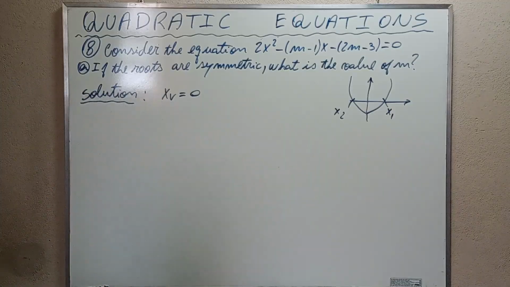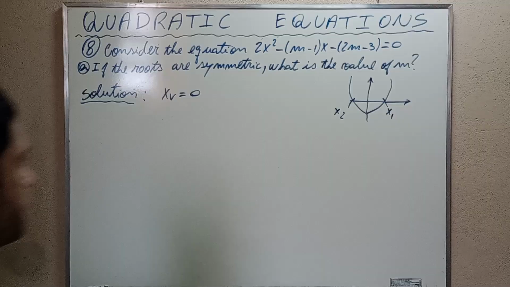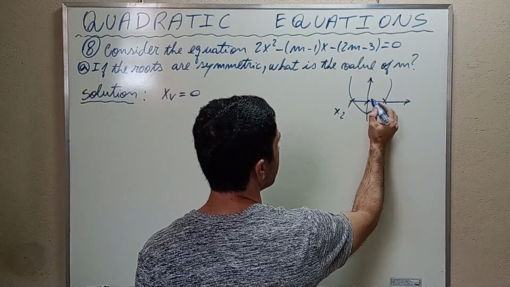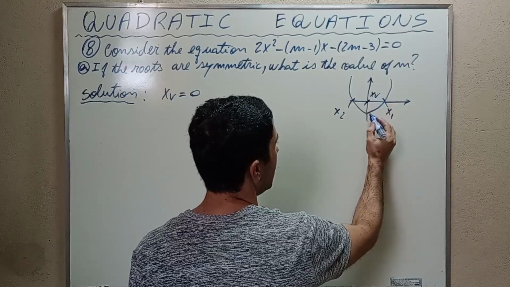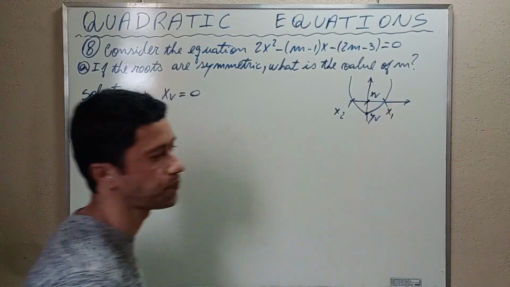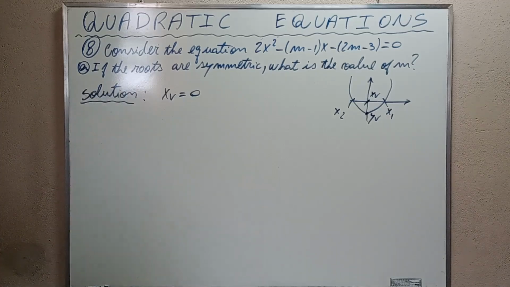They are symmetric if this is xv and this is yv. Alright? The roots are symmetric when xv is equal to 0, in which xv is the x-coordinate of the vertex of the parabola.